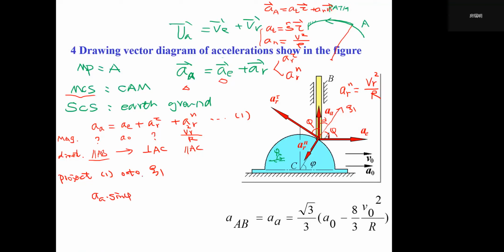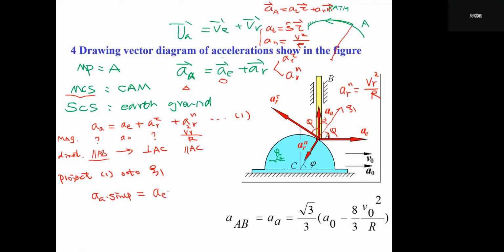We should draw an equal sign and think about AE. So you find AE here. Its projection onto this conceive 1 will be AE times cosine phi. AE actually is A0, because we know its magnitude.